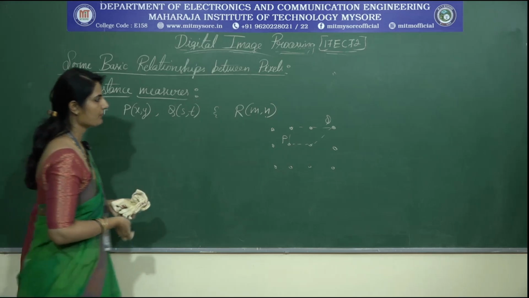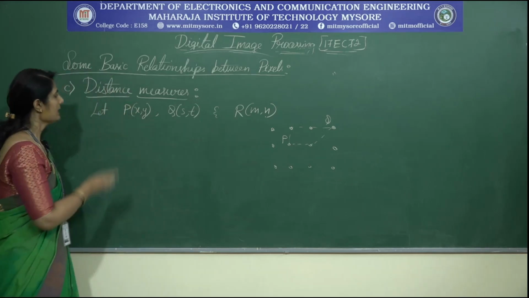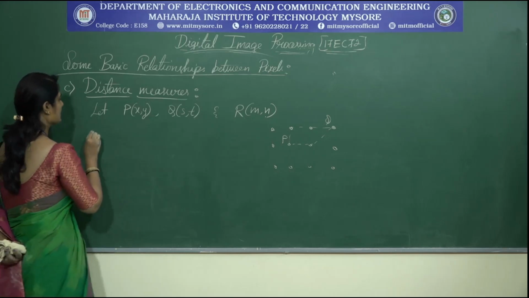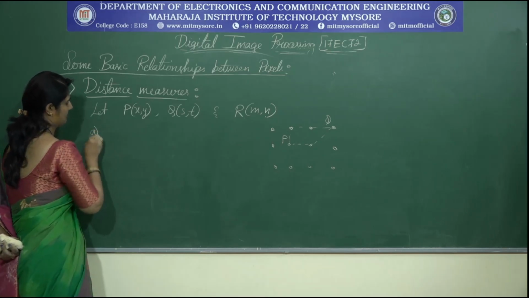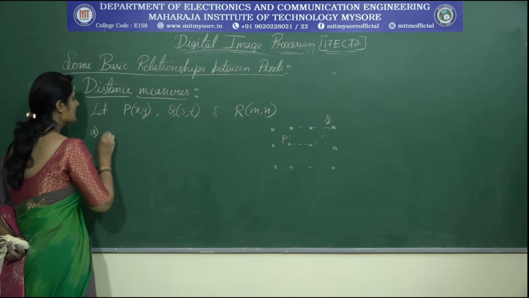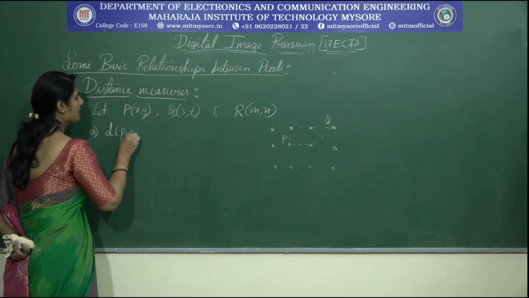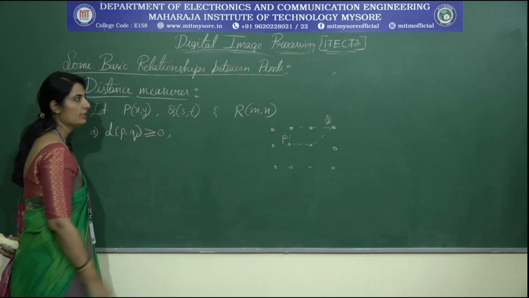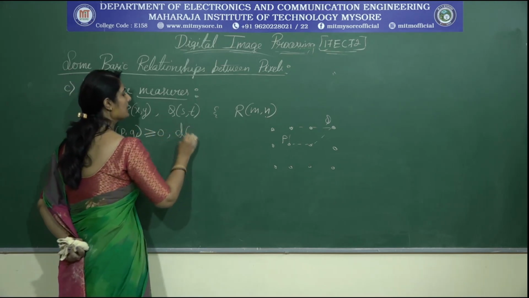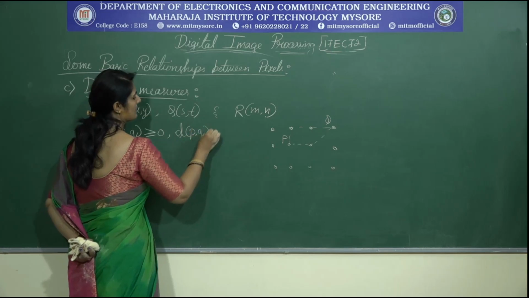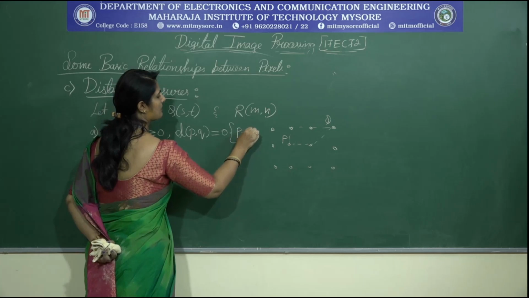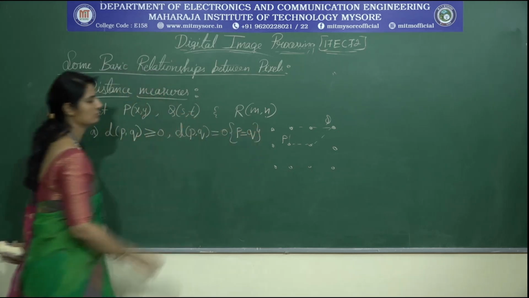The first is that the distance between P and Q is always greater than or equal to 0. If the distance between P and Q is equal to 0, then it means that P is equal to Q.